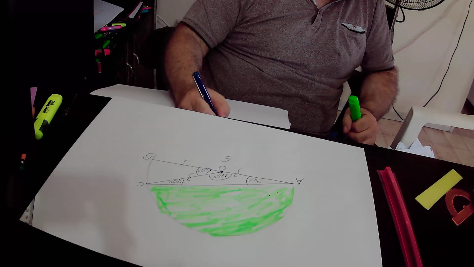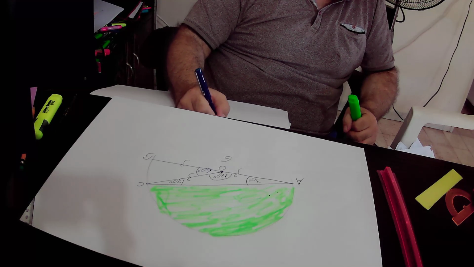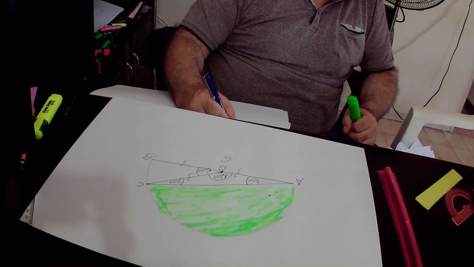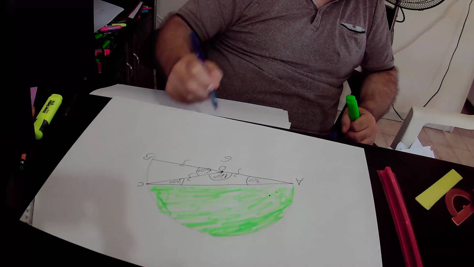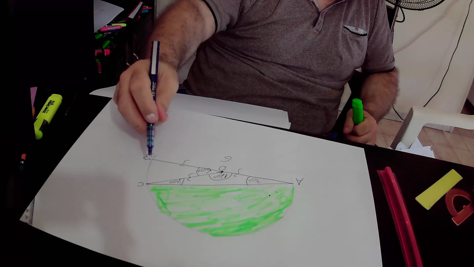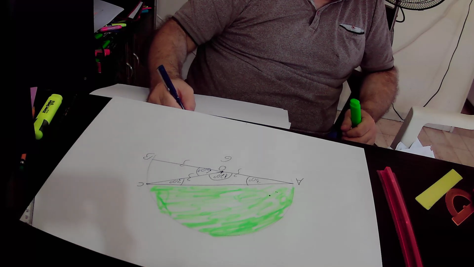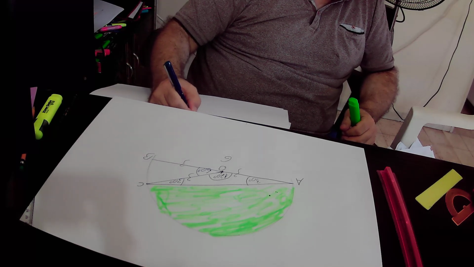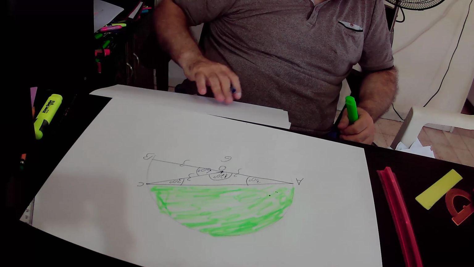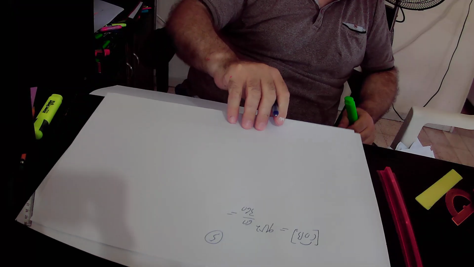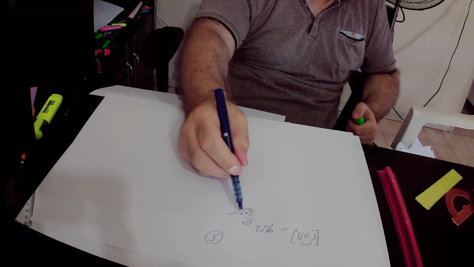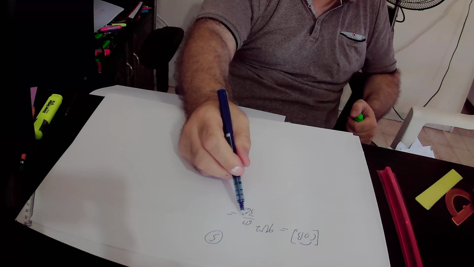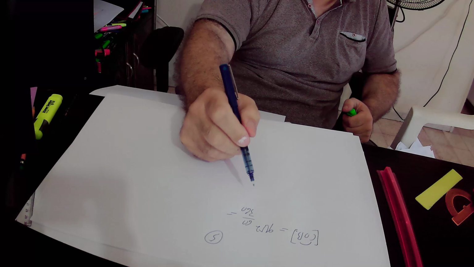The area of sector COB, according to the formula that I presented to you, equals the area of the circle, that is pi r square, times the angle between the legs of sector COB, that is 60 degrees, over 360 degrees.